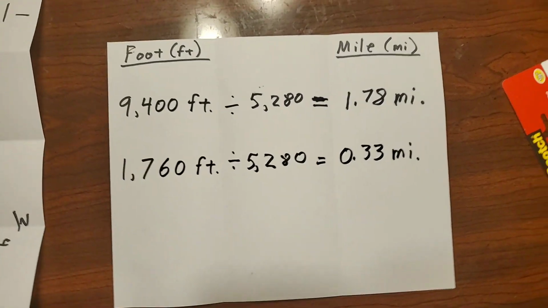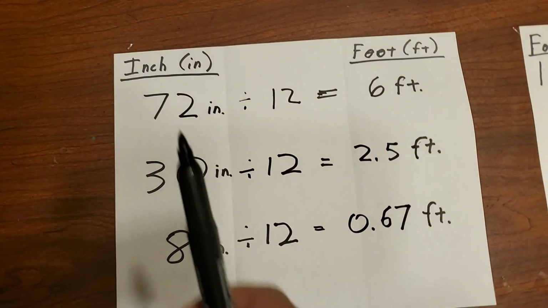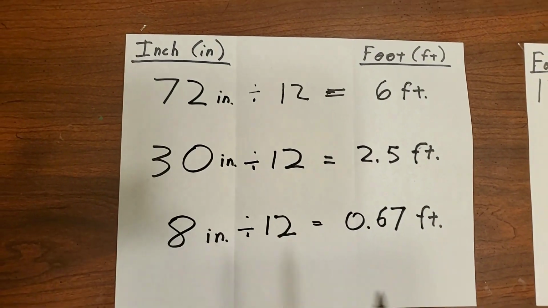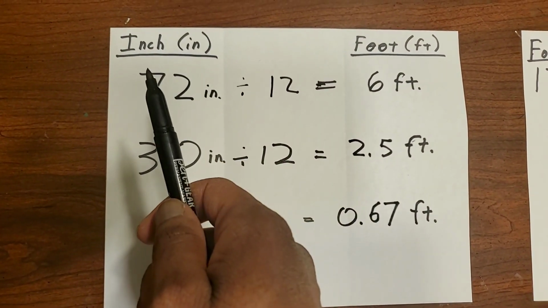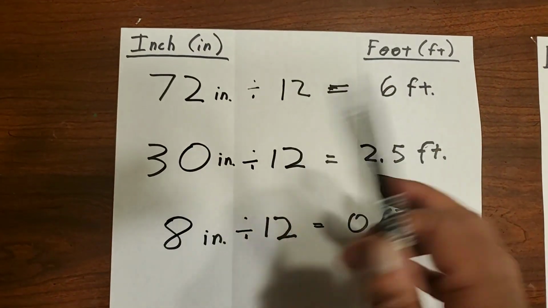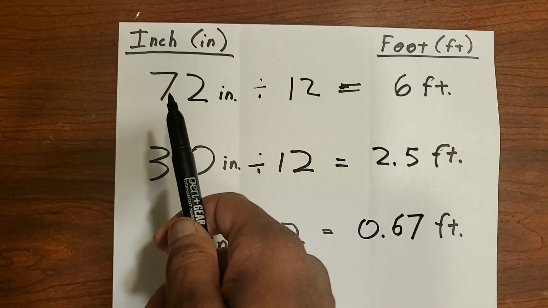Okay, so let me go over this one more time so everybody gets an understanding of what I'm trying to say. I'm just using this chart so I don't confuse anyone.